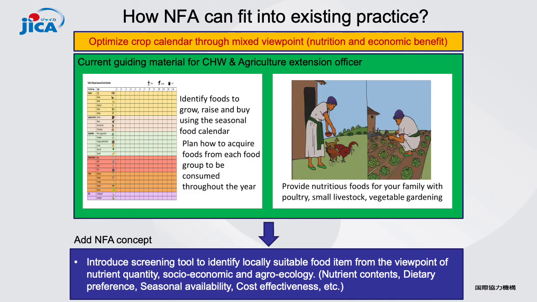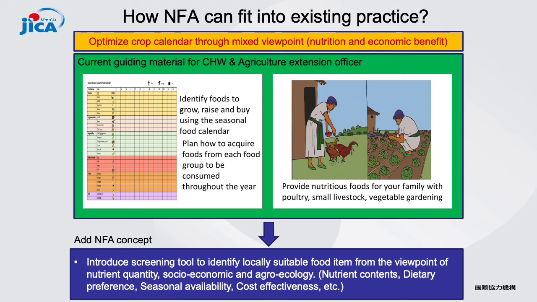This is another example of how to integrate nutrient-focused approach into existing agricultural program. In many countries, it is very common to develop a crop calendar to support farmers how to optimize workload, productivity, or agricultural income. The idea is probably we can also add another criteria, which is nutrition balance.